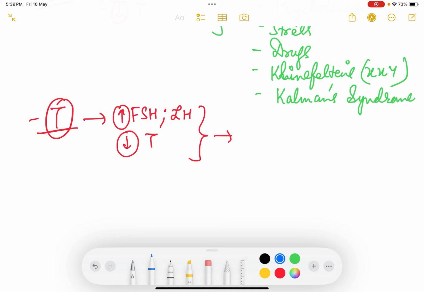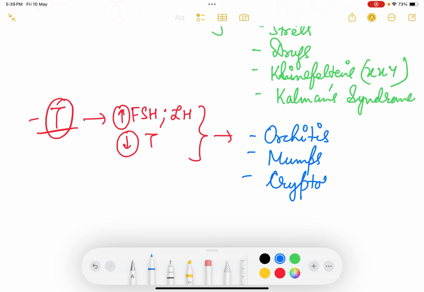What can be the causes? Anything related to the testicles. It can be orchitis, that is, infections of the testis. Mumps can also lead to orchitis, so orchitis can be one of the causes. Then it can be because of cryptorchidism, meaning a patient who has undescended testis.